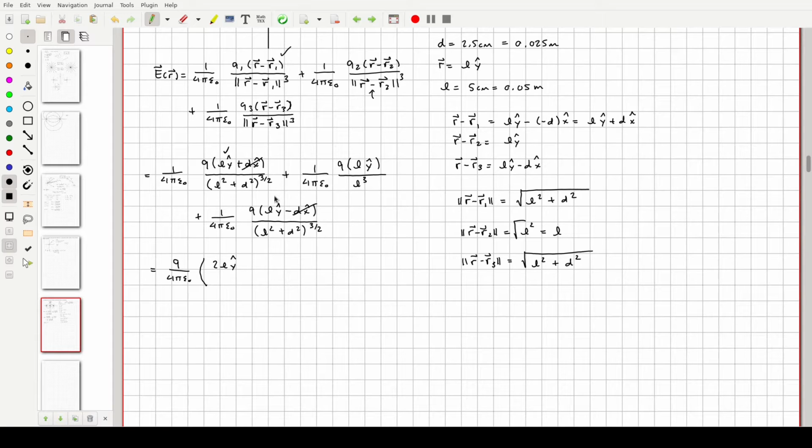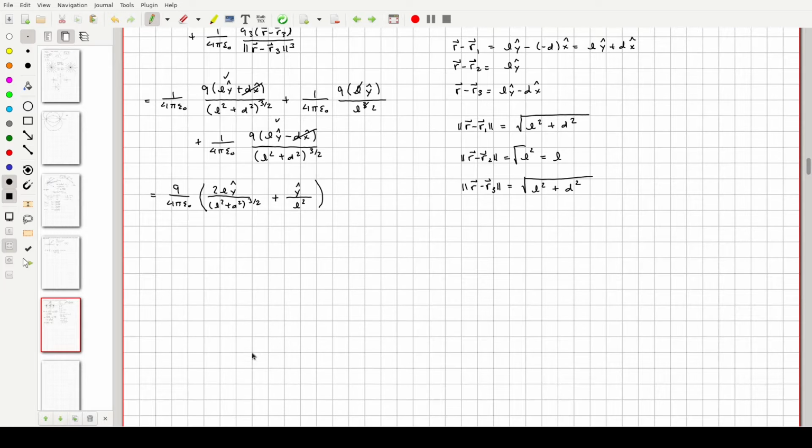That's this one right here and this one right here over L squared plus D squared raised to the 3/2 power, plus, this right here is going to kill one of those off, a y hat over L squared. Now, I'm going to pull the y hat out, and then we're going to plug some numbers in.